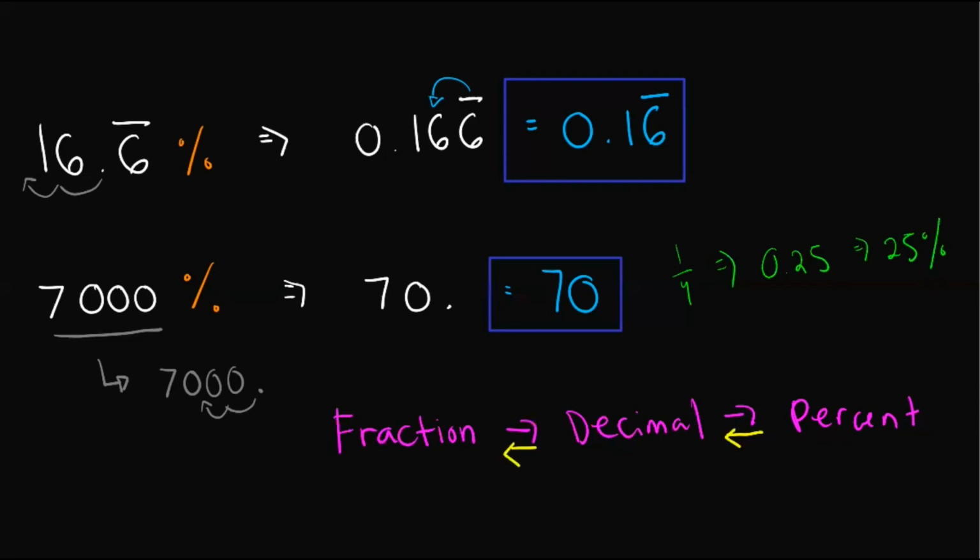So basically, decimals are like our middleman in this conversion. From decimal, you can branch out to different types of rational numbers. So take note of this idea. And so that is all for this video.